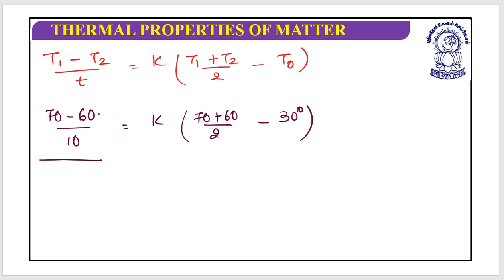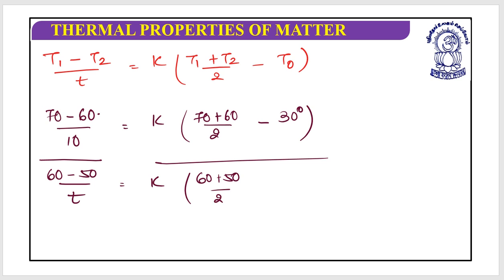Next, I am taking the ratio directly. This is (60 minus 50) divided by T is equal to K times [(60 plus 50)/2 minus 30 degrees].